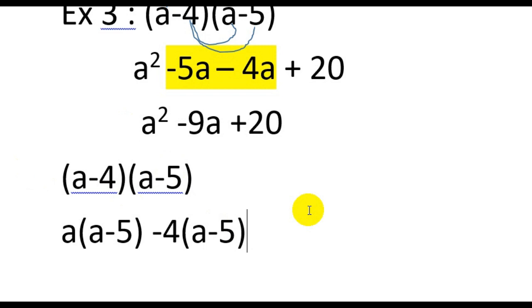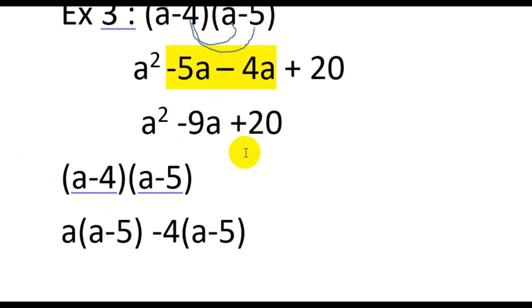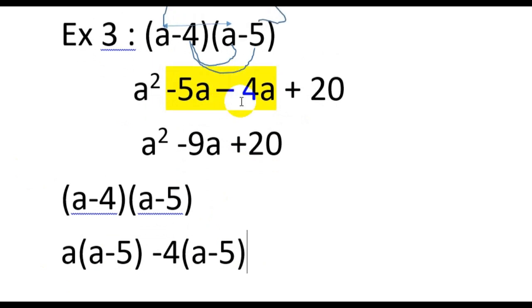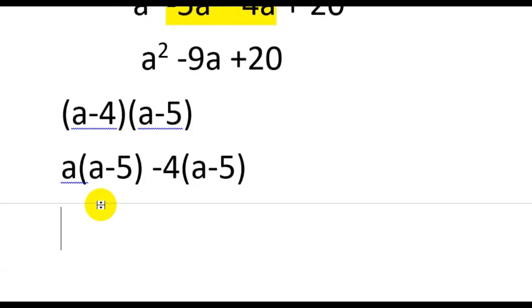So you can write this step at the beginning stages. Once you're familiar with expanding this binomial expression, actually this step is not necessary. So you multiply a by a, you get a square, then plus into minus, minus 5a, again here minus into plus, minus 4a, minus into minus, you multiply.